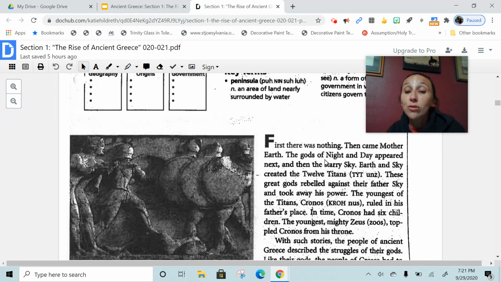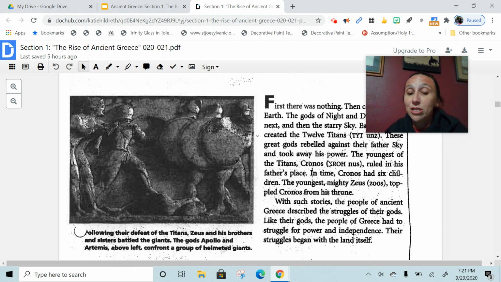In time, Kronos had 6 children. The youngest, mighty Zeus, toppled Kronos from his throne. With such stories, the people of ancient Greece described the struggles of their gods. Like their gods, the people of Greece had to struggle for power and independence. Their struggles began with the land itself.